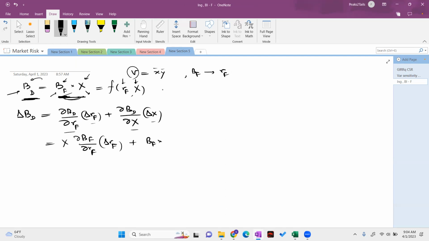BF times delta X. Is this correct? BF is a constant, came out. The derivative of this with respect to X is just BF. That's all. Happy with this? Any questions?